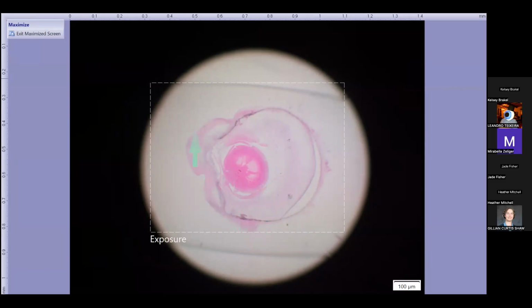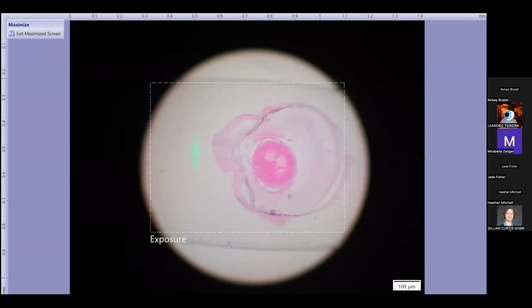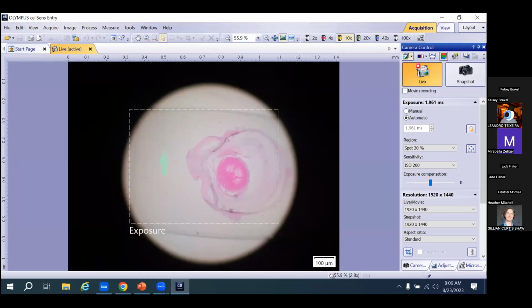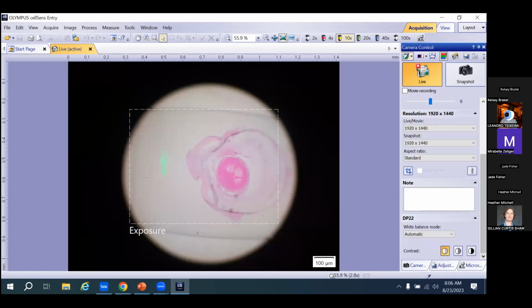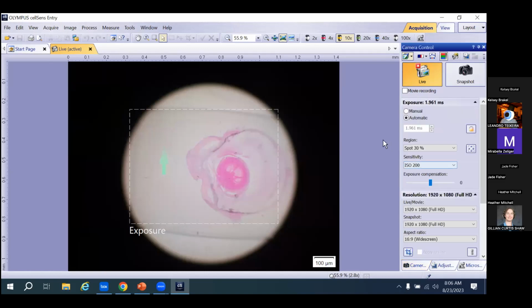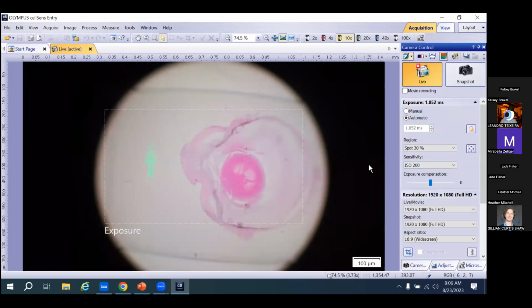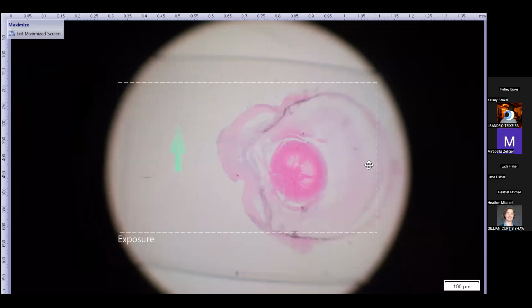But there is a defect there in the cornea. Let me get this into the center and change from standard to widescreen. There you go. That's nicer.